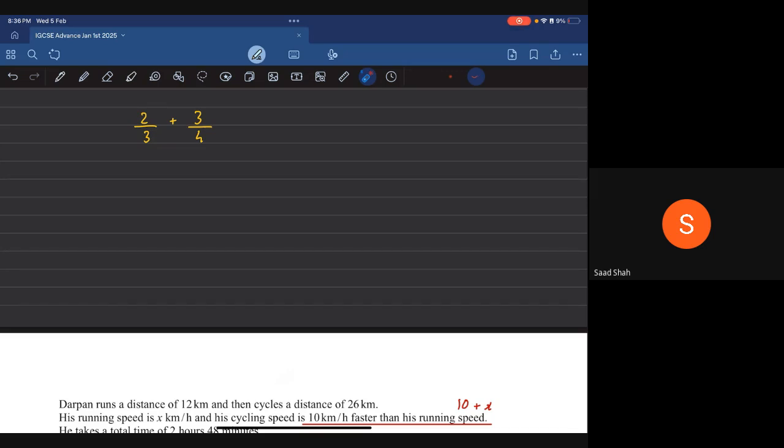Okay. So technically, you want this fraction to have the same denominator as this fraction, and you want this fraction to have the same denominator as this fraction, right?